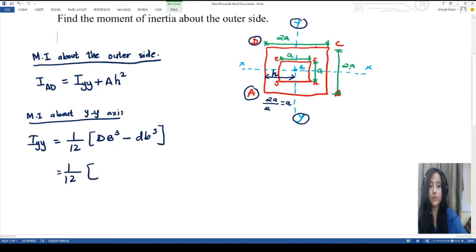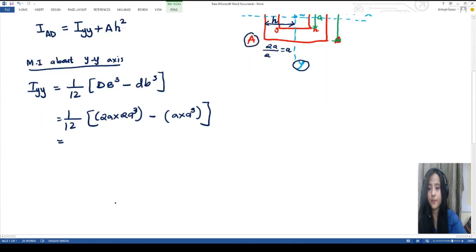D here for the outer section is 2a. Since it's a square, b and d will both be same, so it is 2a into b is 2a cube minus d will be equal to a and b will be equal to a cube for the inner square. Now if we solve this, what will we get?